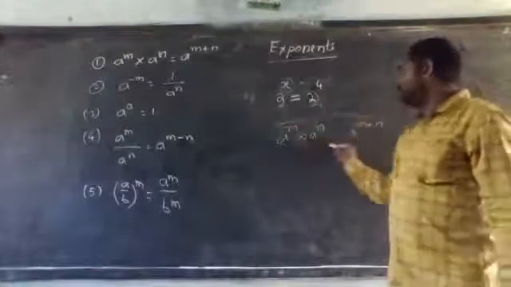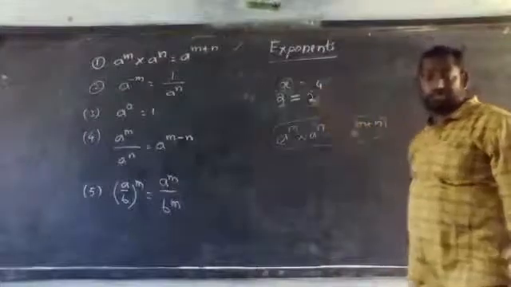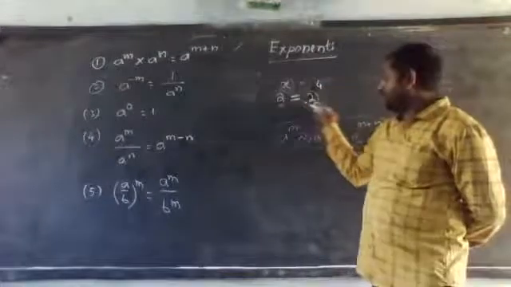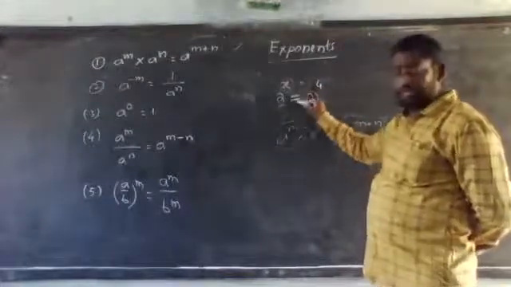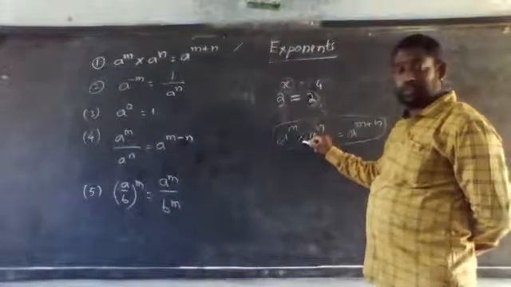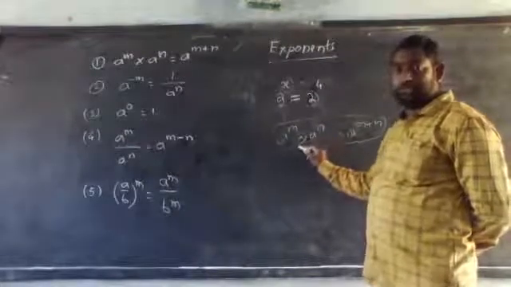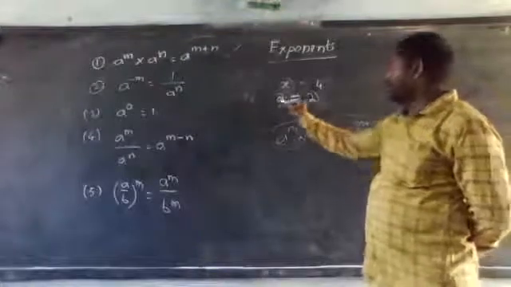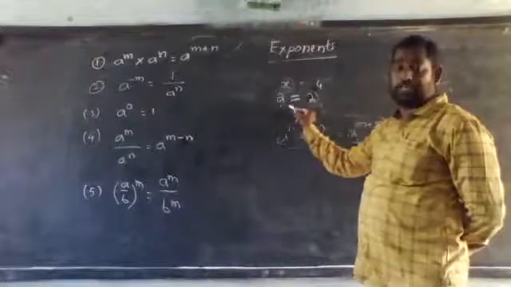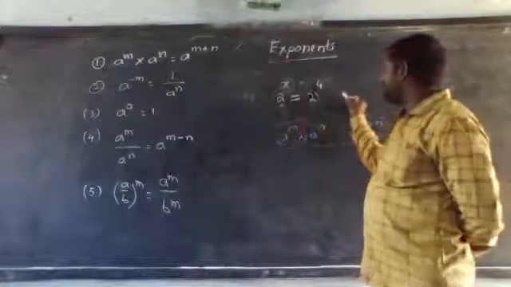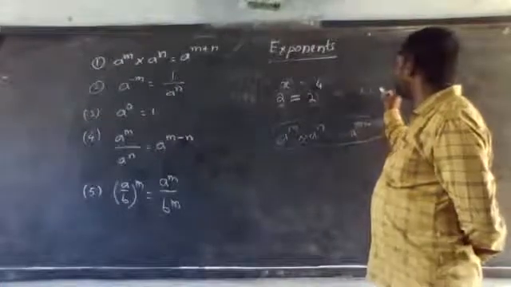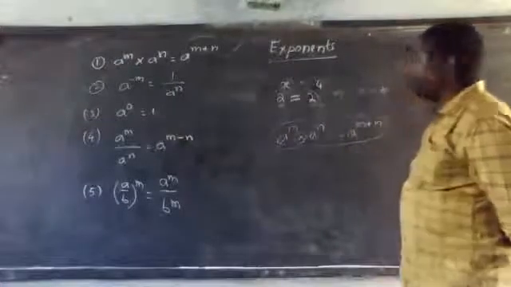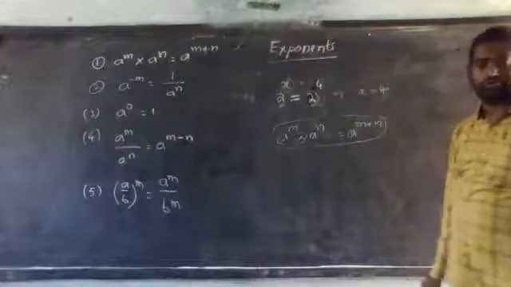But here, between the two bases there is an equal symbol. In such a case, we just equate the powers. So the x value becomes 4.